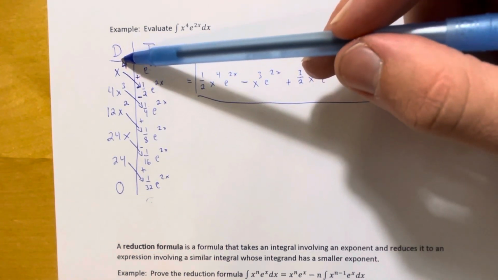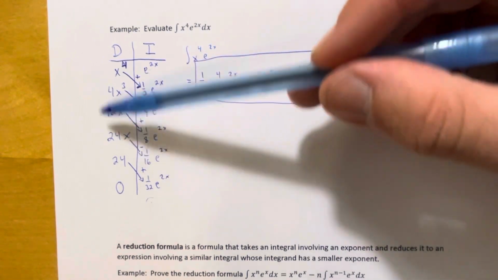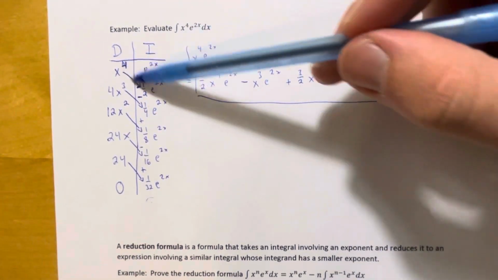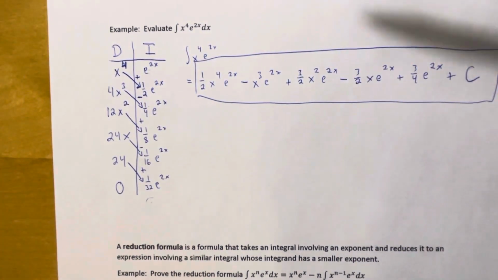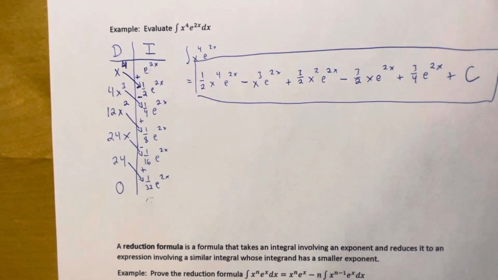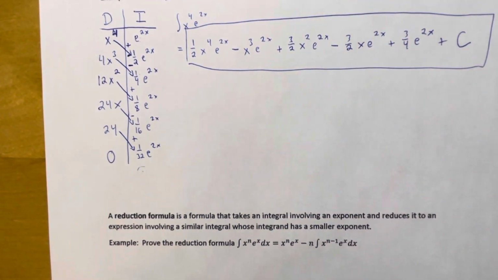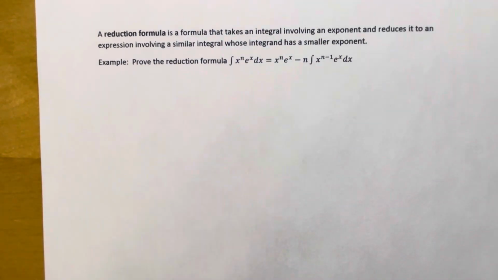You just differentiate until you get a 0, and then integrate on this side until you have something that matches each term in the d column, and then you multiply things together using these arrows and alternating signs, and that's it. Altogether, that's a lot less work than it would have been if we had done integration by parts over and over again, okay? All right, I want to do one last problem here, then we're going to wrap up 7.1.